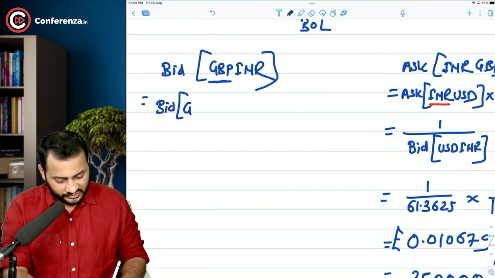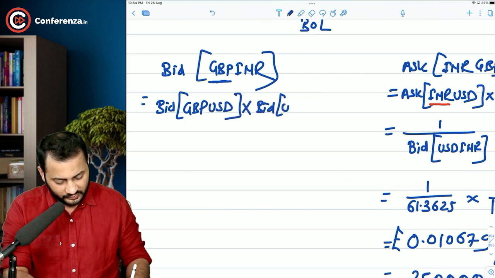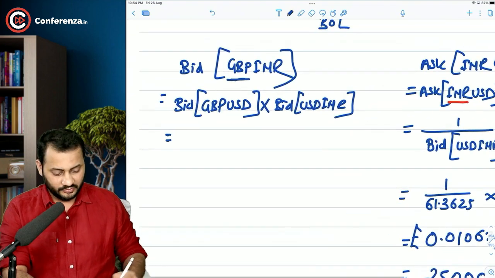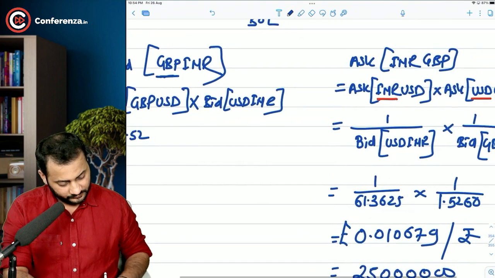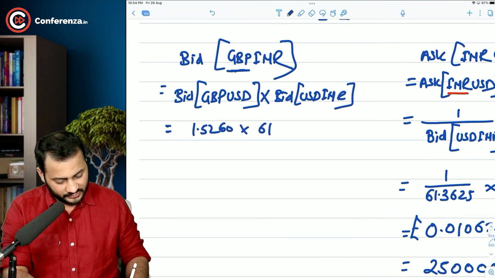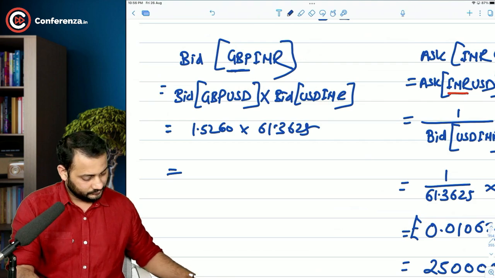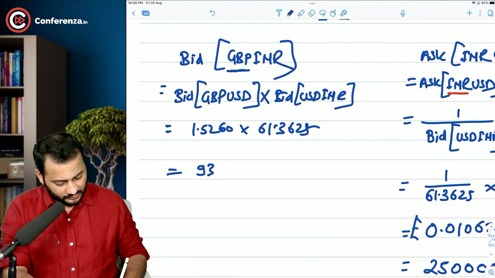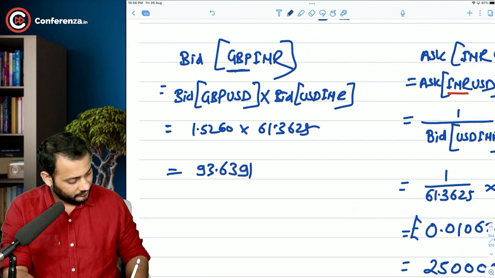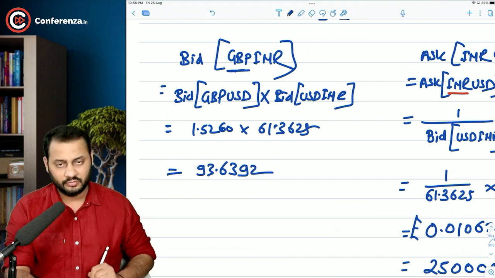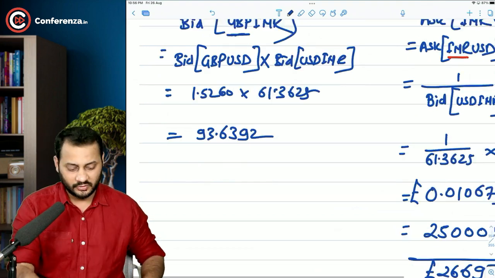Bid of GBP, then the common currency USD, and bid of USD INR, and both the rates are bid. So it will be 1.5260 multiplied by 61.3625, 93.639175, or if you round it off to 4 digits, there will be some rounding differences.